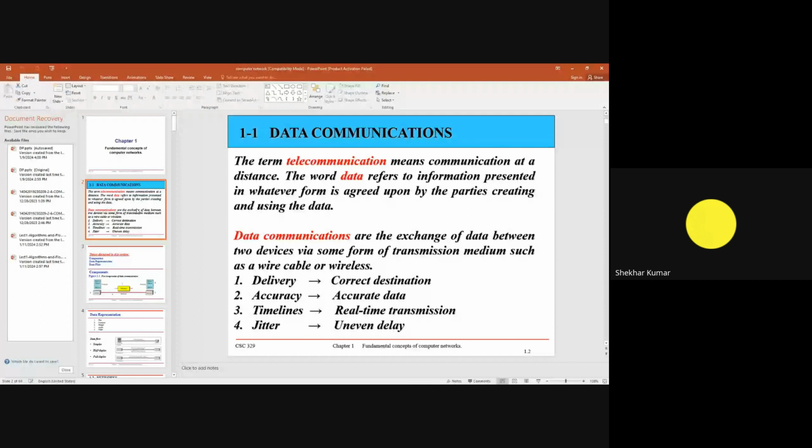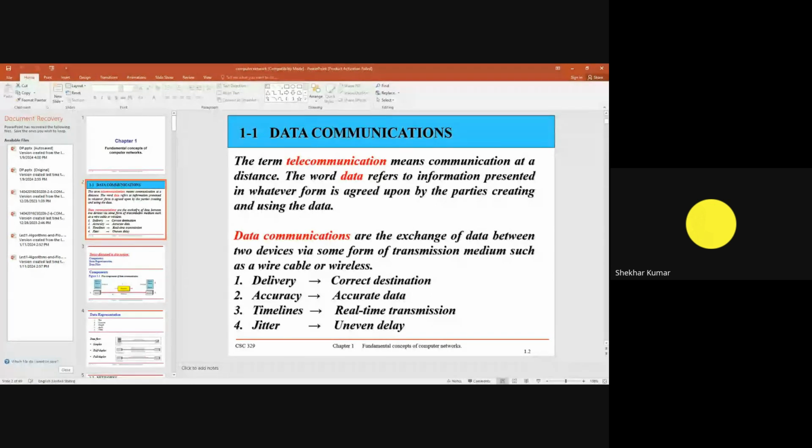We are communicating with each other with the help of this telecommunication. So the data refers to the information presented in whatever forms agreed upon by the parties using the data.